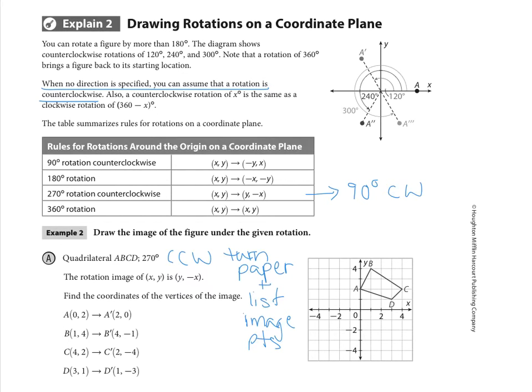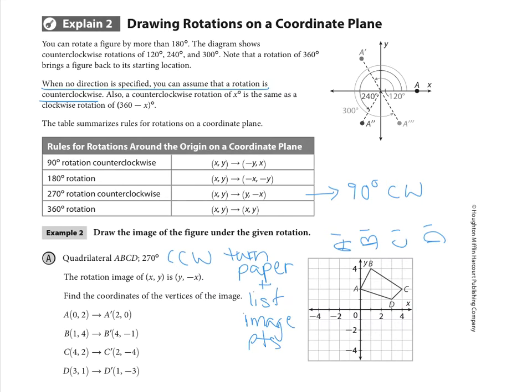So I'm going to do that right now, and then you're going to see me writing sideways if you haven't turned your thing. If you've turned it, you're going to see me writing the correct way. So I'm going to make a list: A prime, B prime, C prime, and D prime. And now I am going to look at my axes as if this right here is my new x-axis and this is my new y-axis.